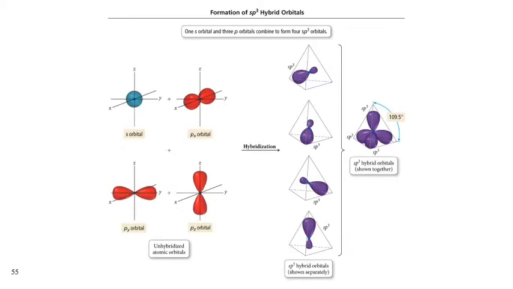So what we're going to do is take these wave functions, the equations that describe those shapes, and put them together. And when we do that, we end up with 4 shapes. They are the same shape, but they're oriented differently in space. They're going to be oriented symmetrically, and they're going to form a tetrahedron.